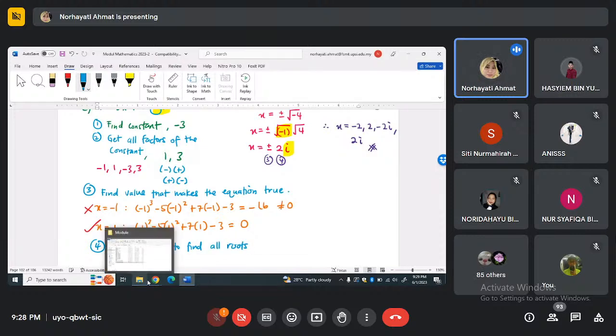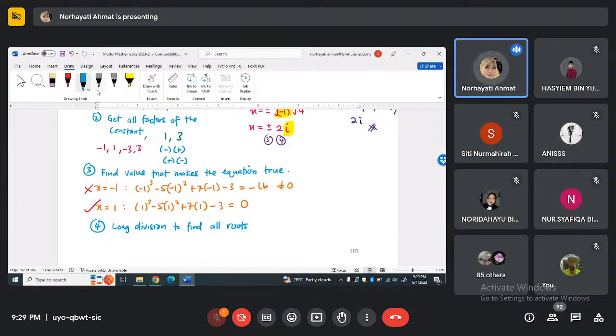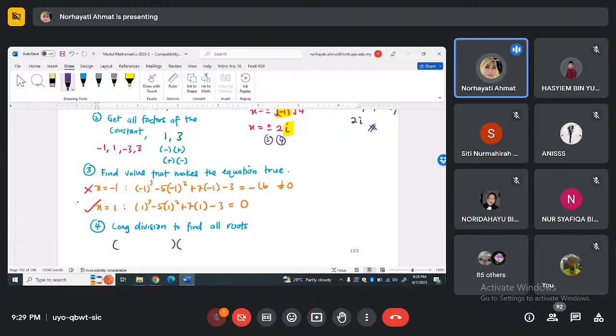Okay. So kita ada macam ni. Sekarang polynomial bentuk dia jadi macam ni. This one times x minus 1 equals to 0. Sebab one of the solutions to this polynomial is positive 1. Okay, this one kita dah ada. We already get this.